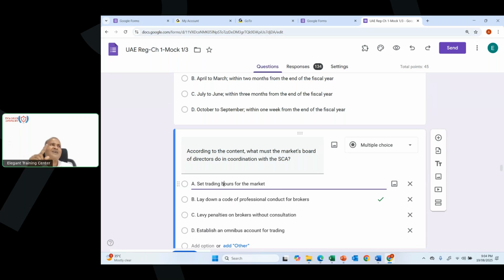The market will not ask SCA for advice. The market is intimating, approved by itself. But anytime there are changes in the rules for the brokers, the market has to coordinate with the SCA. Clear? Because brokers also get licenses from the market and SCA. So we'll stop now here.